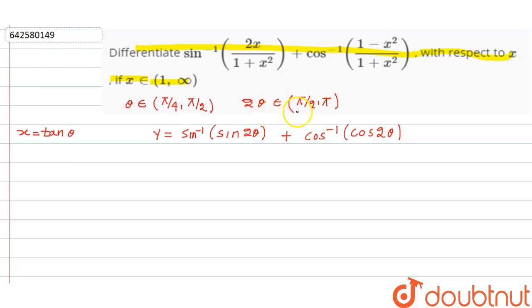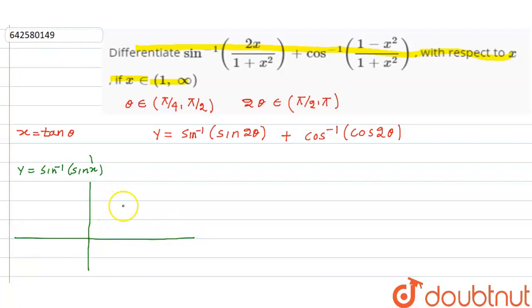Now in the interval pi by 2 to pi, if you draw the graph of sin inverse sin x, let's take x equal to 2 theta. The graph is something like that. This is the y and x axis.